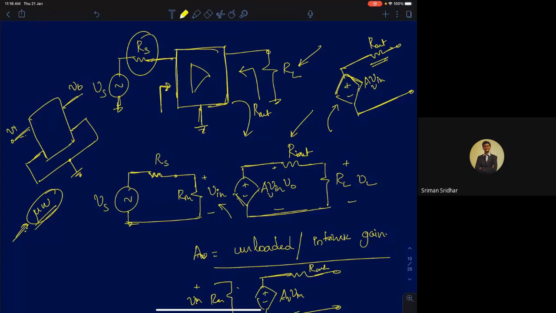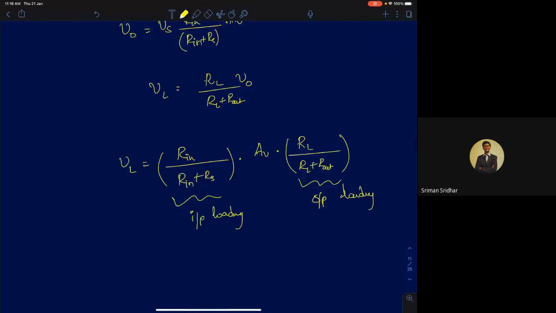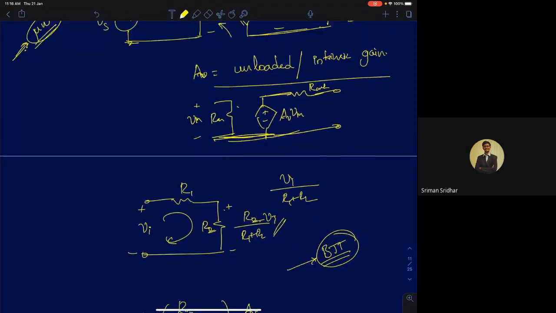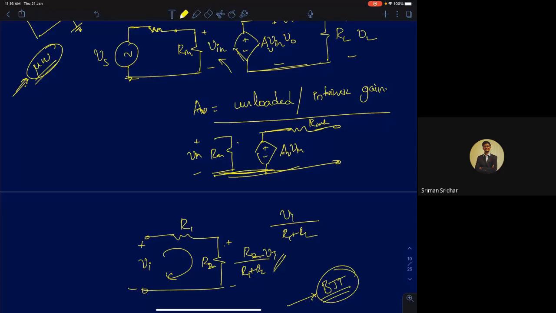Why is it AV times Vin? In the previous lecture we said there are 4 types of amplifiers: voltage amplifier, current amplifier, transconductance amplifier, and transimpedance amplifier.